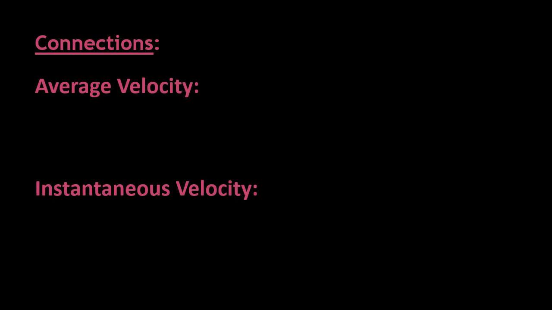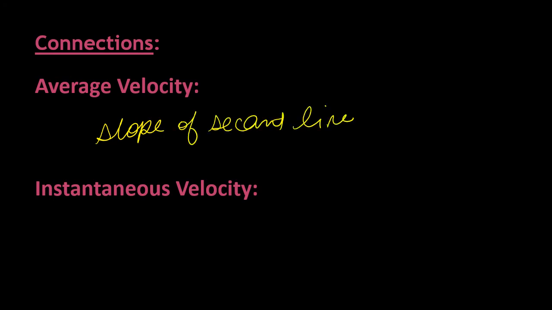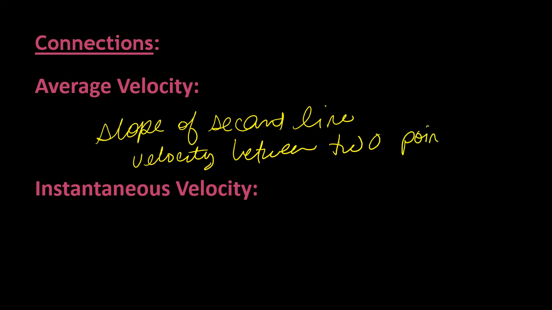Okay, average velocity is basically going to be the slope of the secant line. And basically it's going to be the velocity between 2 points. So it's going to tell you what the average velocity was between those 2 points, but not really what's happening in between.